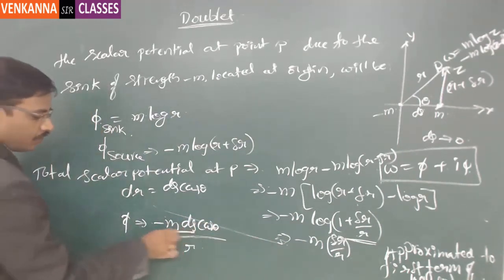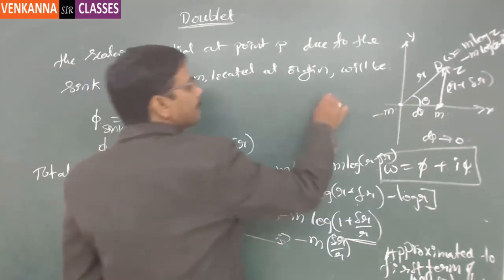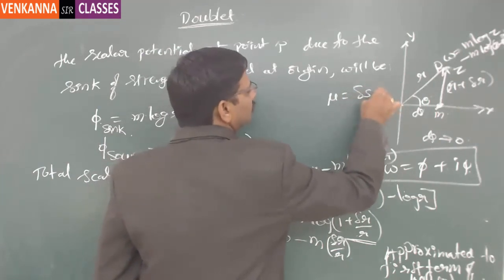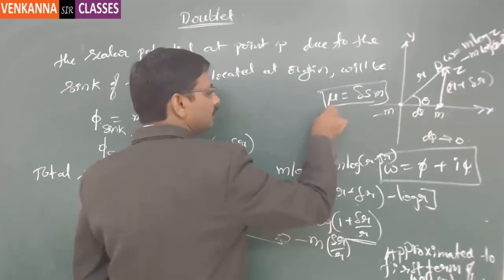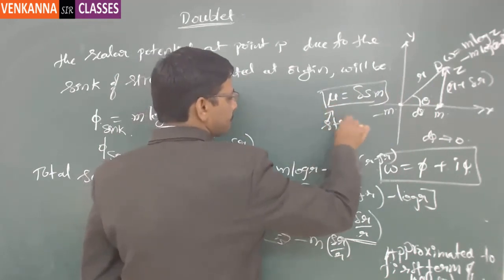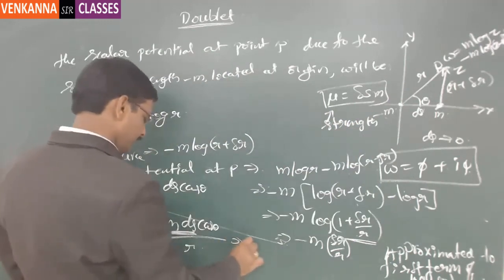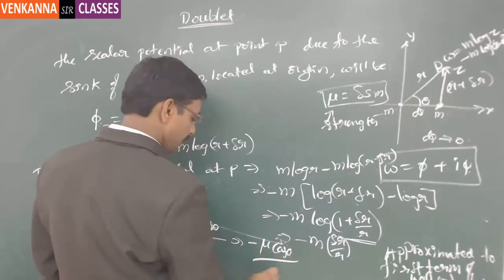The product of these two we have given a separate name, mu, which is nothing but the strength of this doublet, delta S into m. So this is what we treated as mu, the strength. So if you replace this, then this is minus mu cos theta by r.